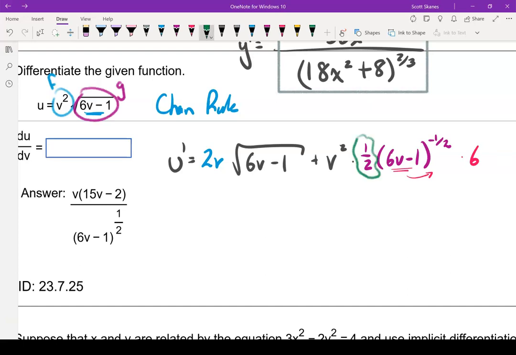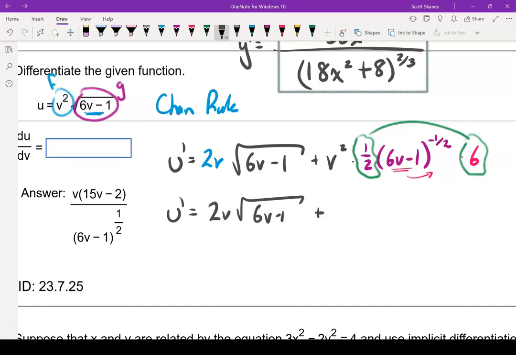And then tidy this up. The really only thing you need to tidy up is this. These need to multiply together. Everything else is honestly just fine the way it is. 2v times the square root of 6v minus 1, plus this, a half times 6 is 3. So that's where that came from. v squared, 6v minus 1, to the power of negative a half.